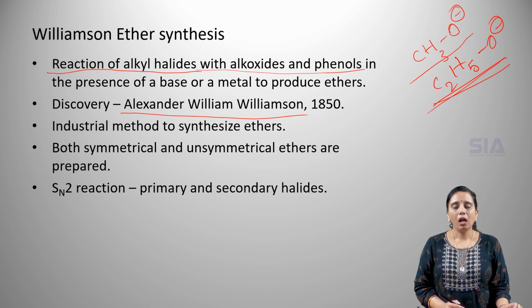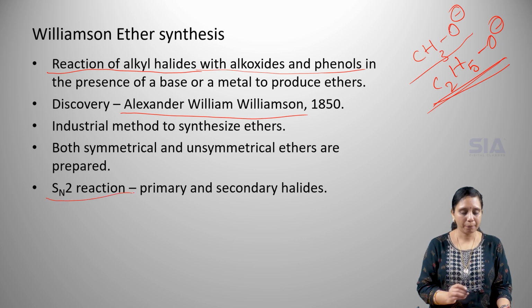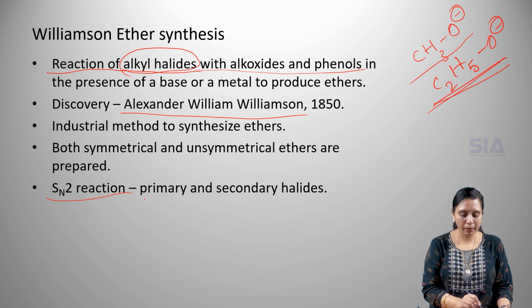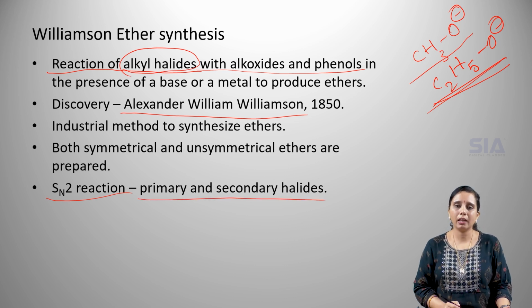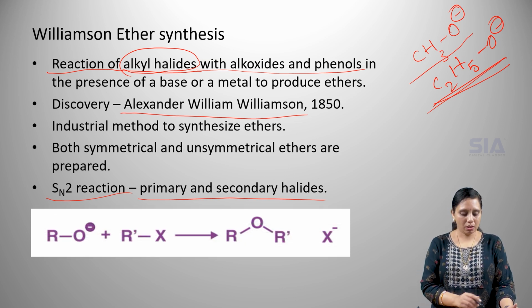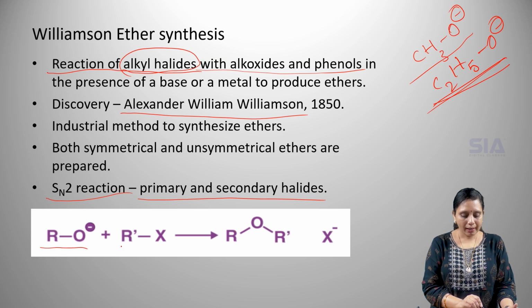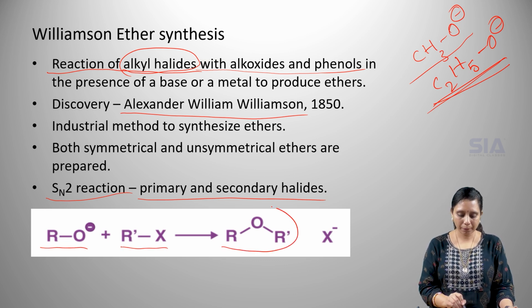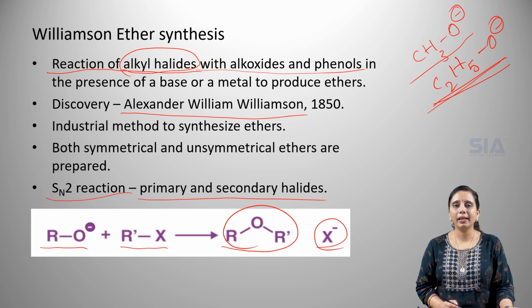This reaction is an example of an SN2 reaction, and alkyl halides are used here. The alkyl halides are generally primary and secondary halides. Now this is the general reaction: alkoxides and alkyl halides combine to give ethers, and the byproduct formed is the halide ion.